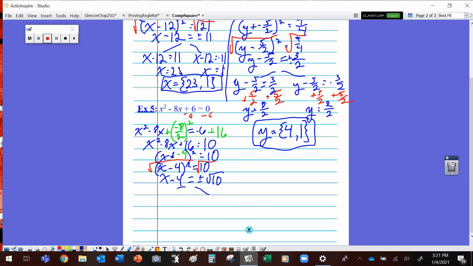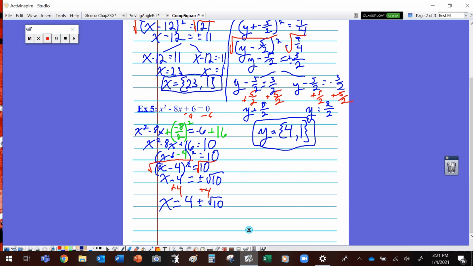When we get to a situation like this, okay, where all we have is the square root, and there's nothing else that we can really do, we don't really need to make two separate equations. We can just add that 4 to both sides. Okay, and we'll have our answer listed as x equals 4 plus or minus the square root of 10.